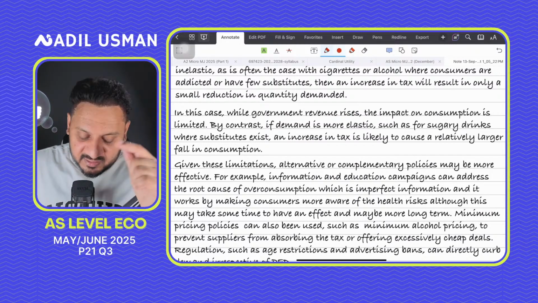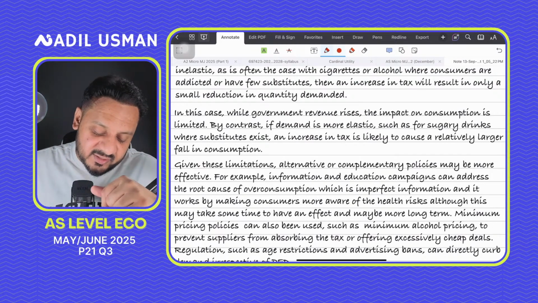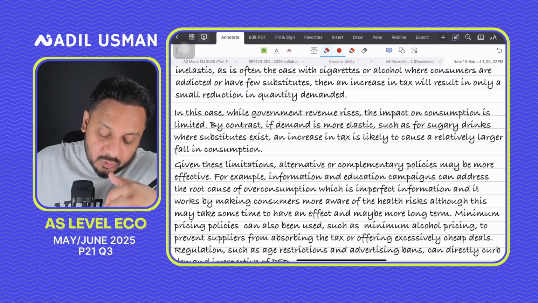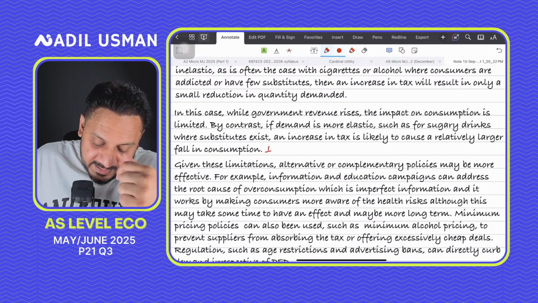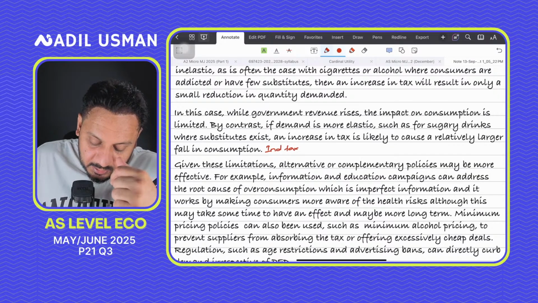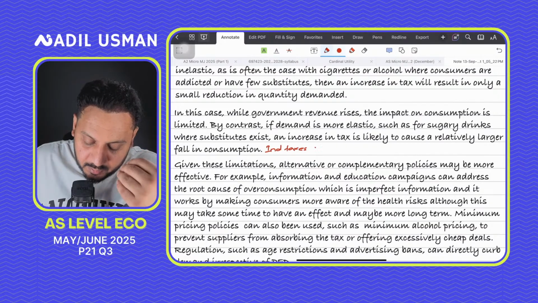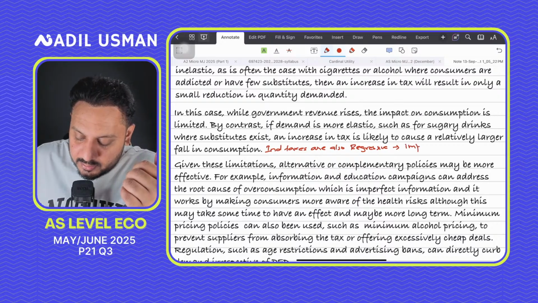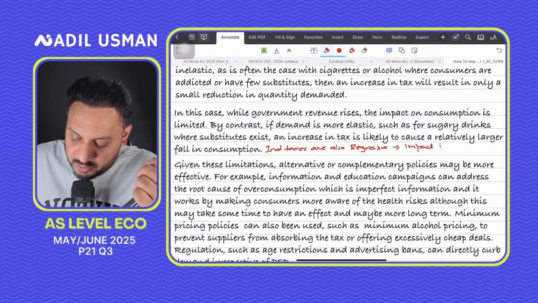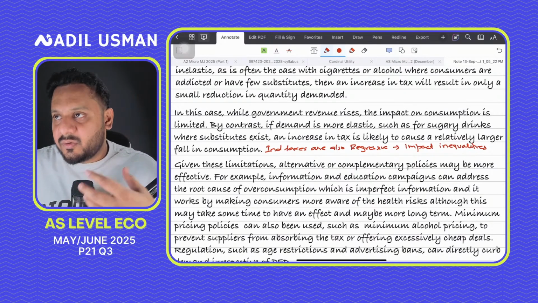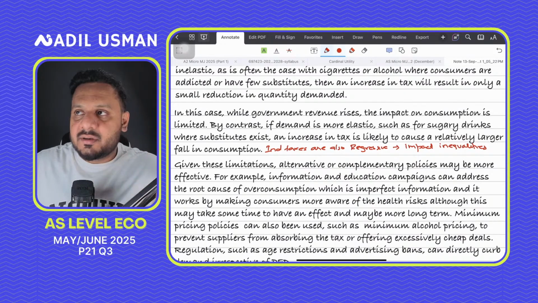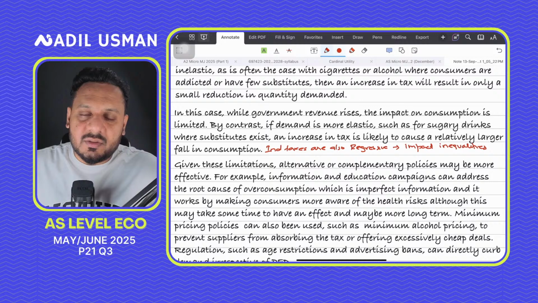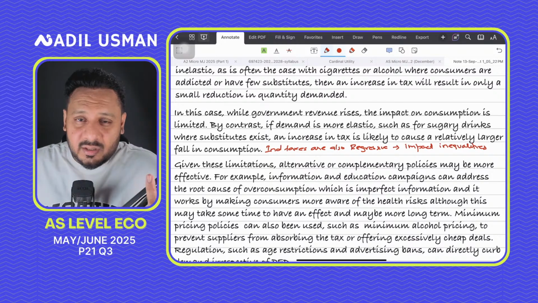Plus, one thing that I missed to write here as well, that you can say that, however, do mention that indirect taxes are also regressive in nature, and it could have an impact on income inequalities, right? Because it could have a disproportionate impact between rich and poor. Now you see, alcohol consumption or cigarette consumption or sugary drinks could be used both by the rich and the poor from all income groups.